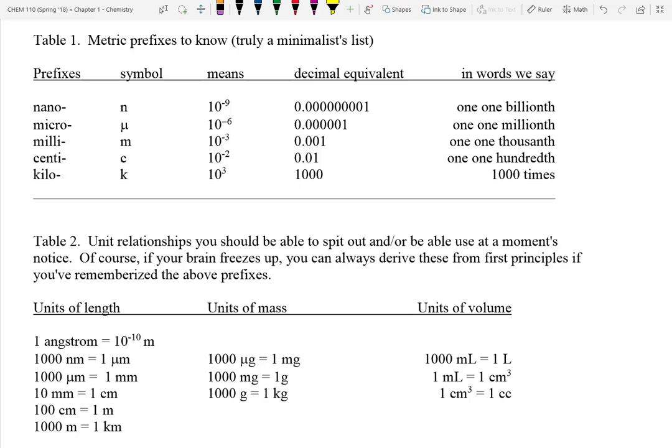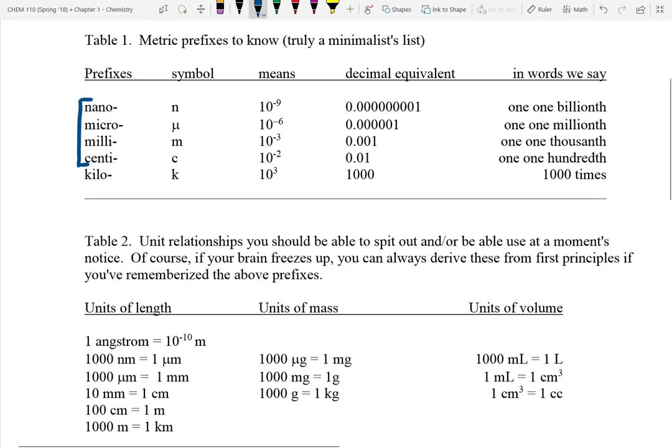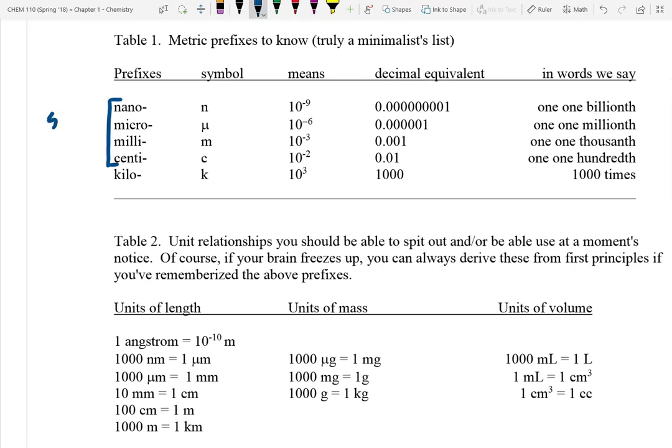Micro, with that symbol, it looks like a U with a tail, is 1 millionth, or 10 to the negative 6. Milli is lowercase m, and it's 10 to the negative 3, and that's 1/1000th. And then centi is 1/100th, or 10 to the negative 2. The way I remember all of these is these first four are smaller, right?